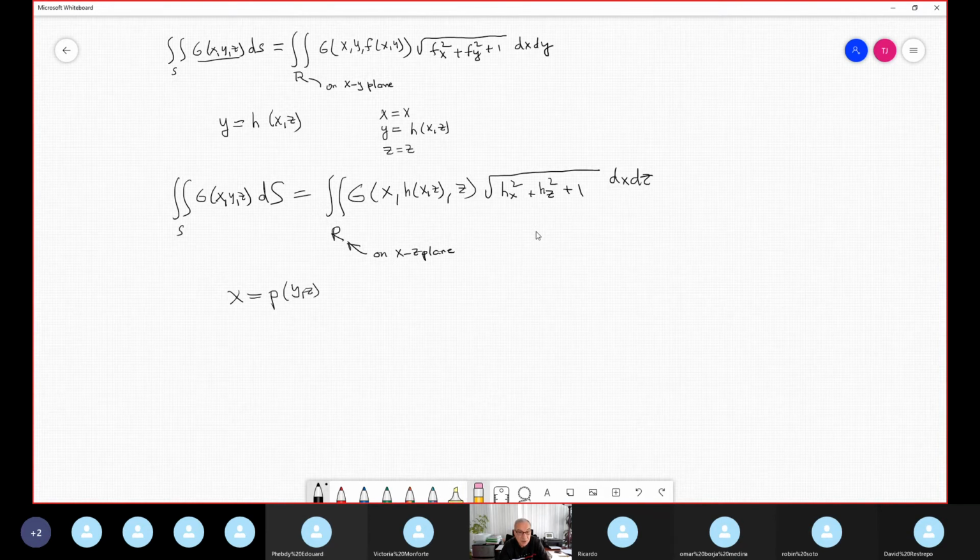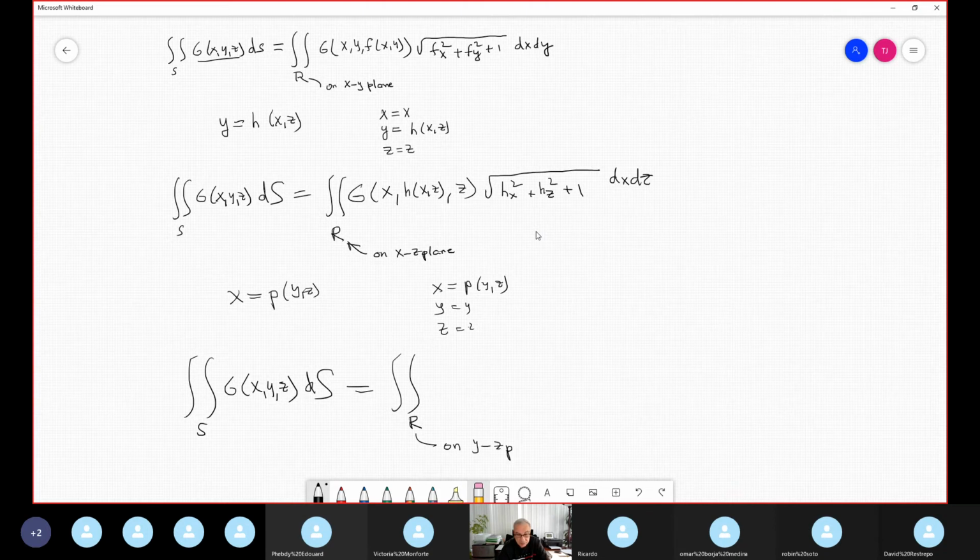In this case it's the same: x is p of y comma z, and the parameters I'm using are y and z. The surface integral is possible doing like a double integral in the region R, and the region R lies on the YZ plane in this case.